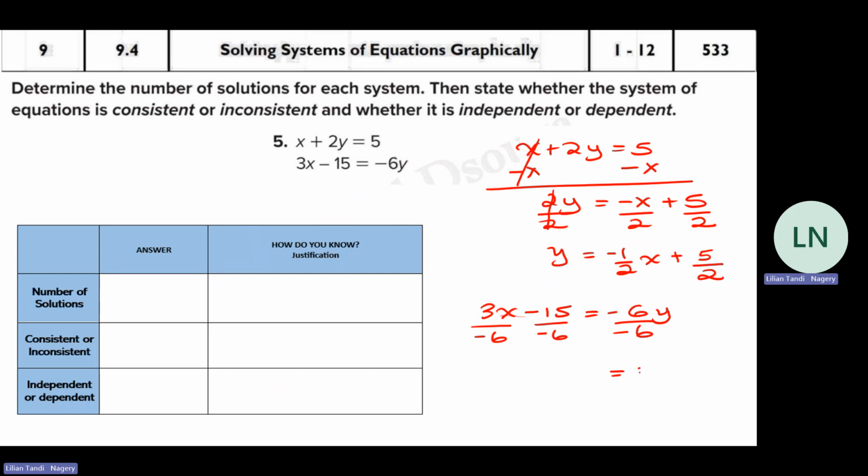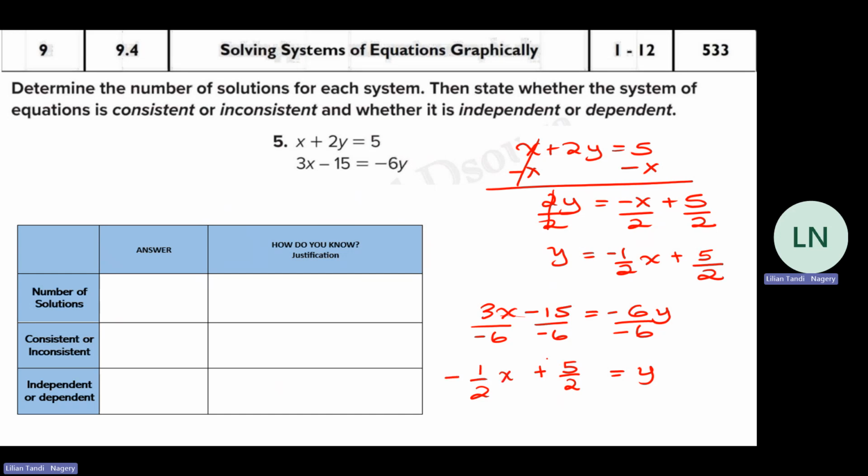So here you will have y equals 2.5, which is 5 over 2, positive, because a negative divided by a negative is a positive. And this should be a half x, but negative.